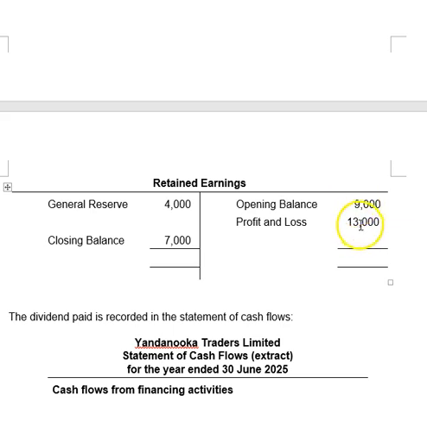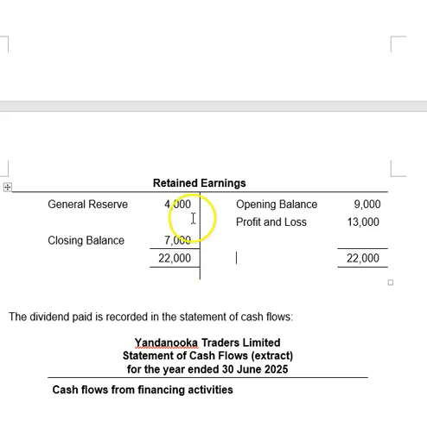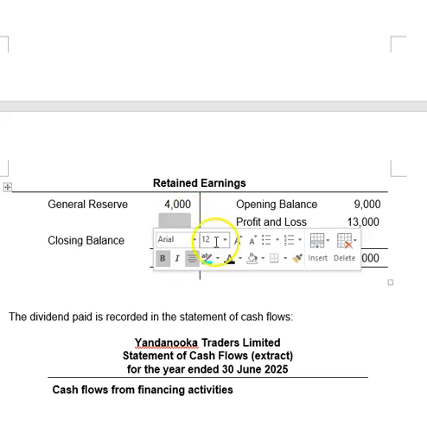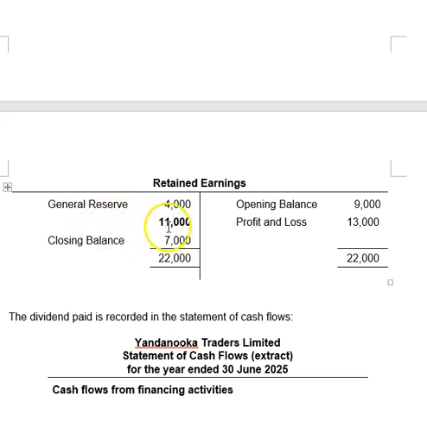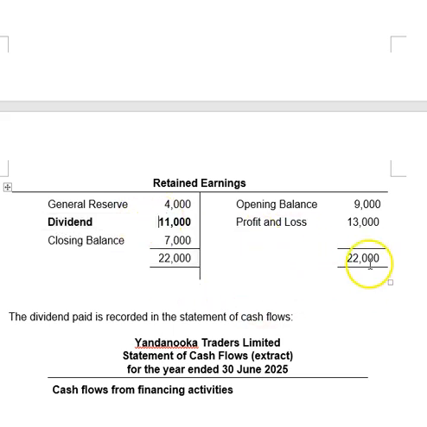So 9,000 plus 13,000 equals 22,000, and on your debit side there is only 11,000 so far, so we take the amount which is more, 22,000. Then find out the remaining balance, which is 11,000, and this is the amount of dividends you paid during that year. So you will have dividends paid, 11,000.